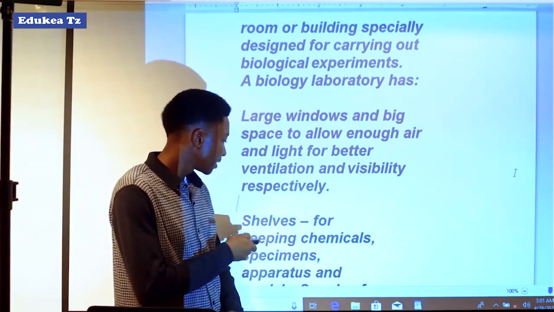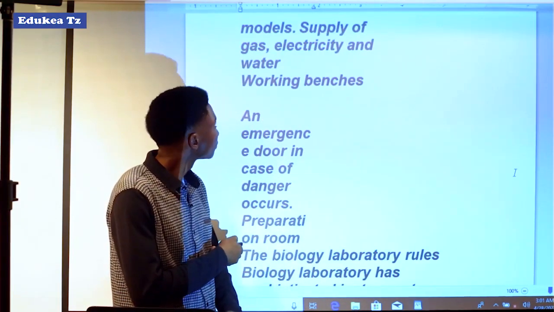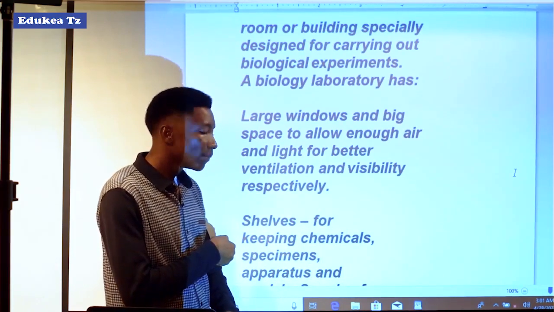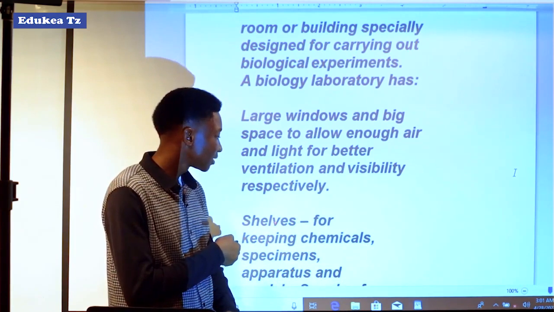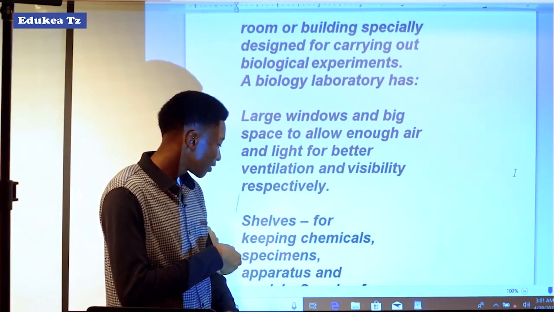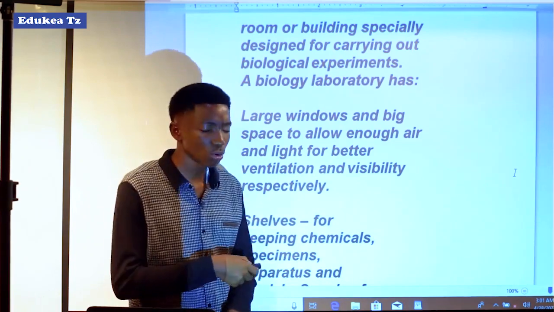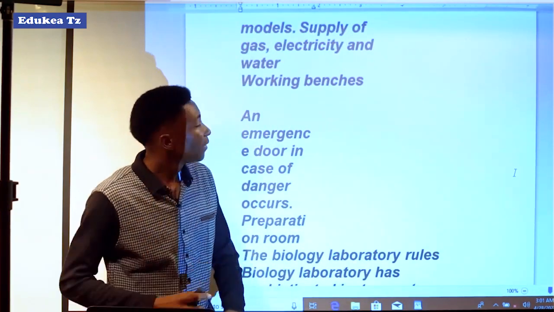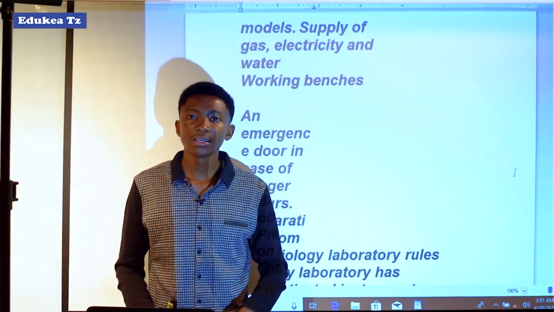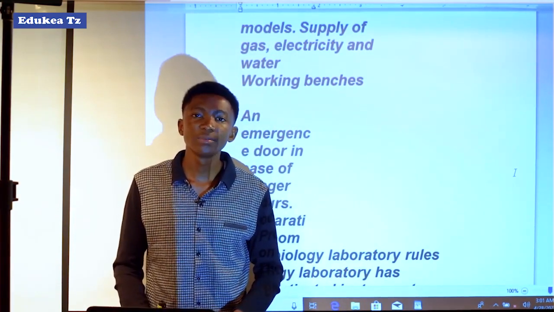After that, now let's see the shelves. A biology laboratory must have shelves, we say, for keeping chemicals, specimens and apparatus. Shelves are the ones on which various things are kept.